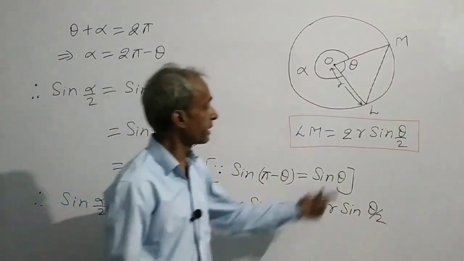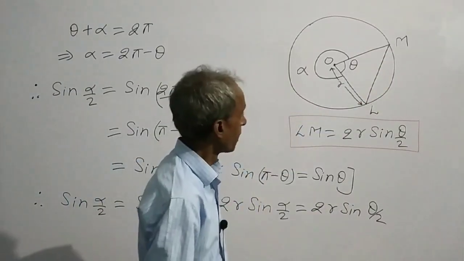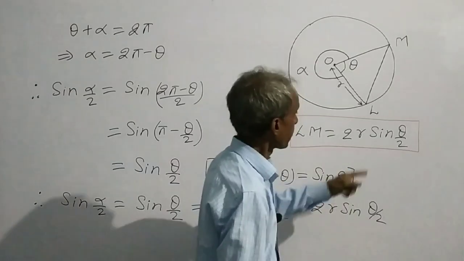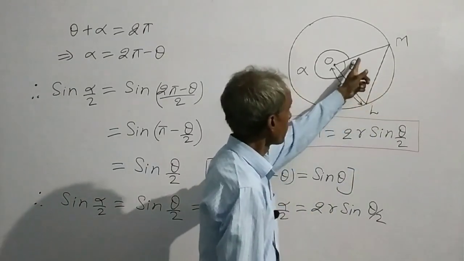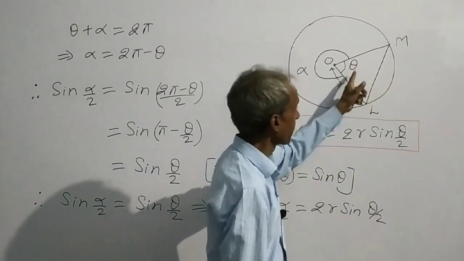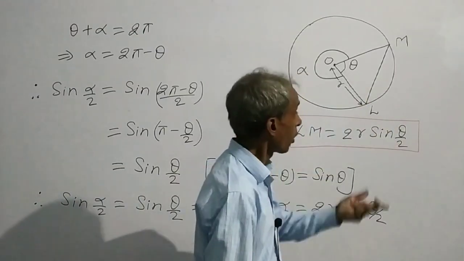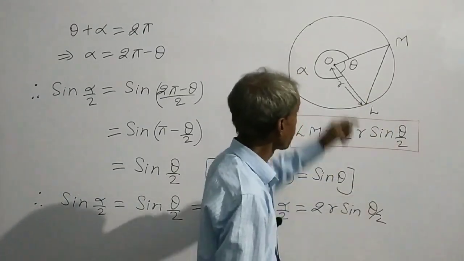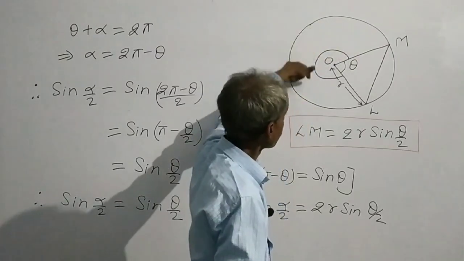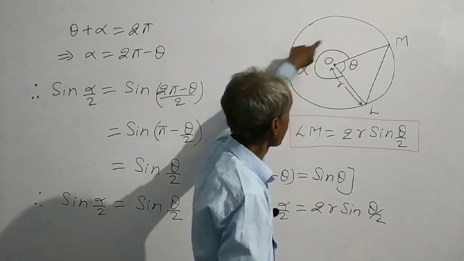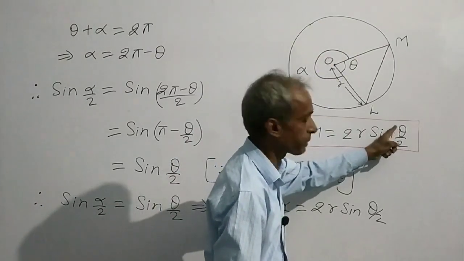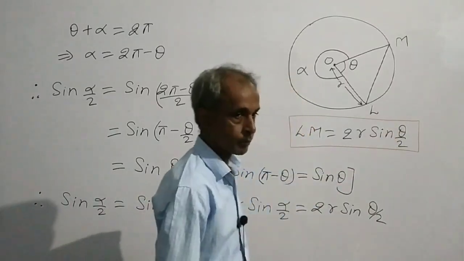That means in this formula, we can write an angle that is less than 180 degrees in place of theta, or we can also write an angle that is greater than 180 degrees in place of this theta.